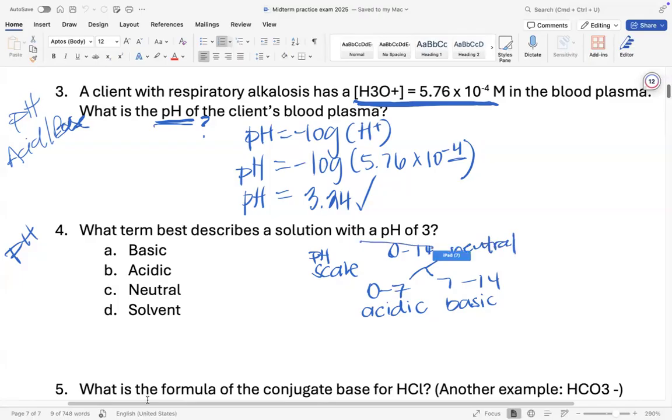So if it has a pH of 3, it falls between 0 and 7, meaning it's going to be acidic. If it said pH of 12, then it would be basic. So 7 is the cutoff. Below it is acidic, above it is basic. Questions?